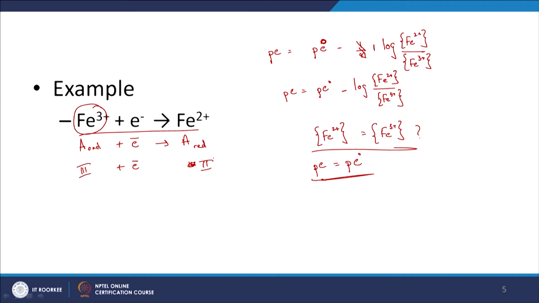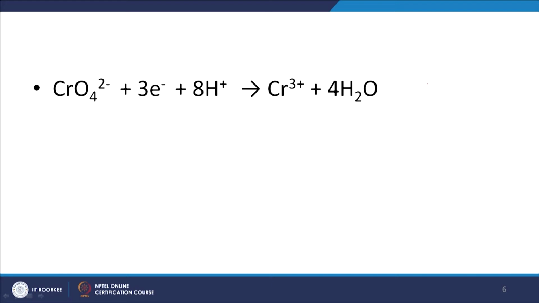So let us look at a couple more examples where we also have other compounds present, primarily H plus. The next example is the one with H plus. Here is one example that we have always considered until now: the reduction of chromium from oxidation state 6 to 3.